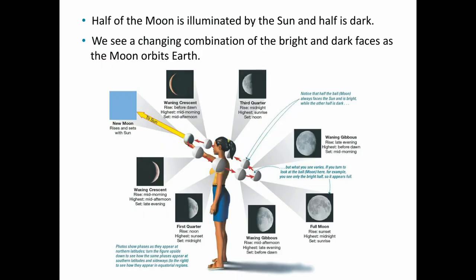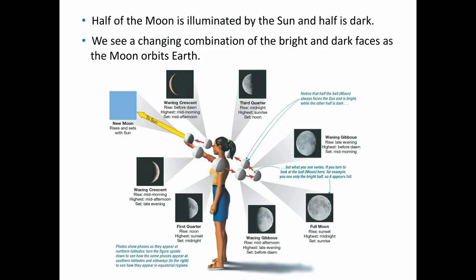So crescents are when you're less than a quarter. Waxing is when you're increasing the amount of bright side of the moon that you can see. Then you go to your first quarter. Waxing gibbous. So gibbous is when you're above the quarter threshold, or there's more of the moon illuminated than the quarter threshold.